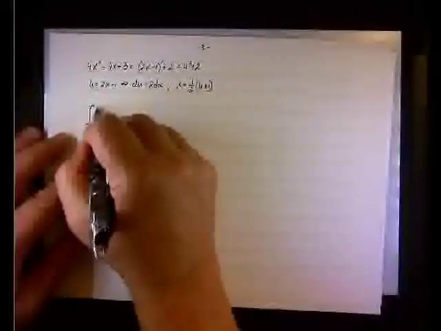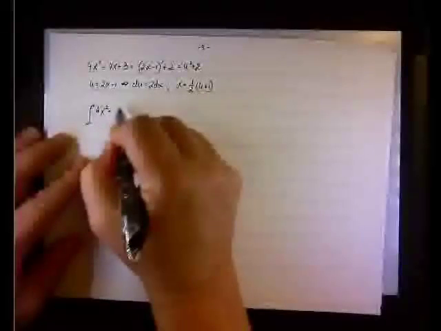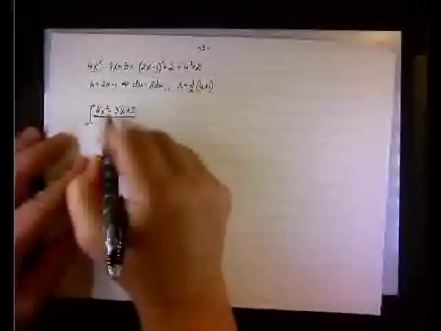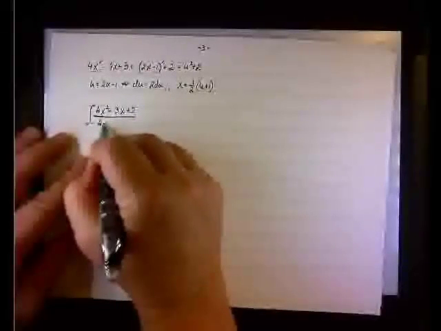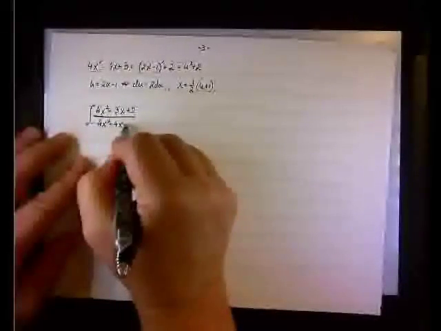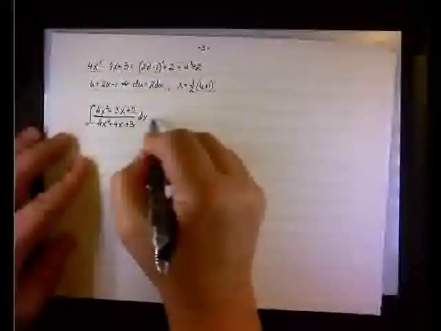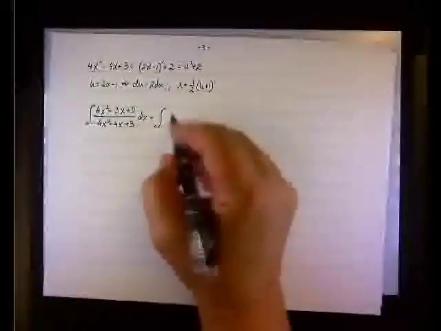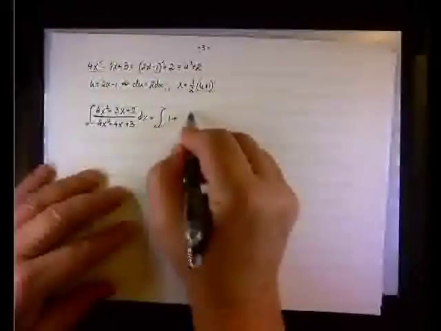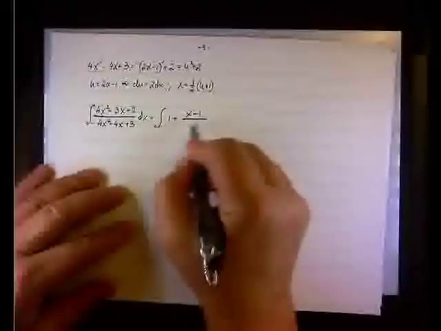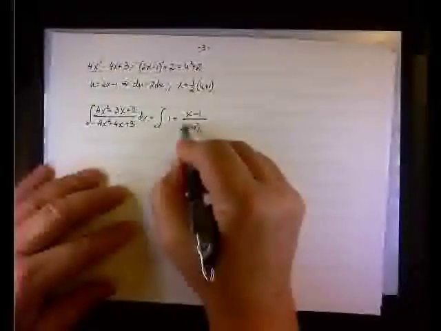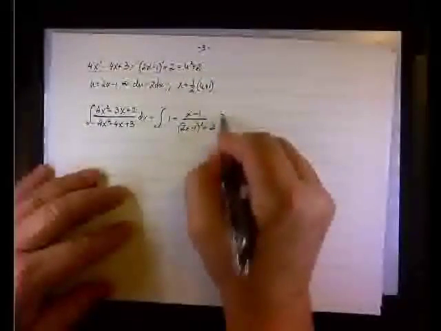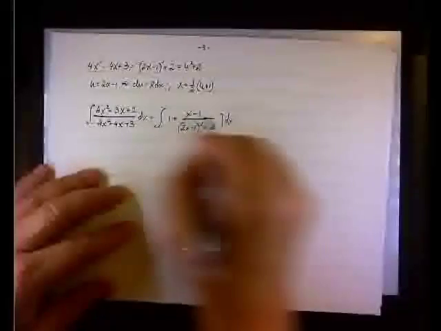Remember, we started with the integral of 4x squared minus 3x plus 2 over 4x squared minus 4x plus 3 dx. And after the long division, we end up having 1 plus x minus 1 over (2x minus 1) squared plus 2, like so.